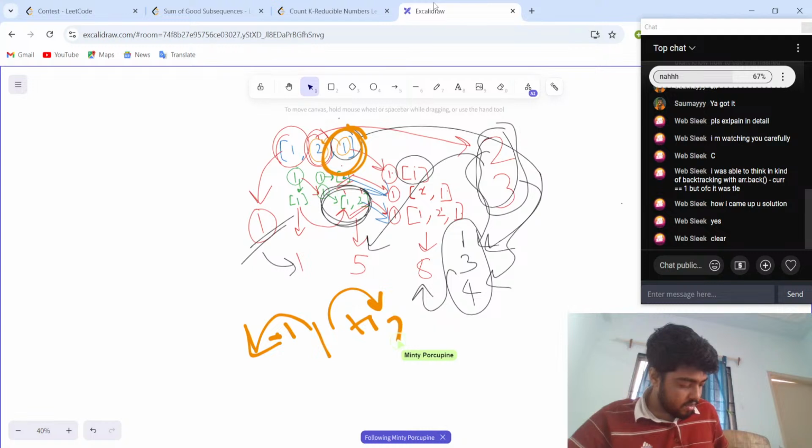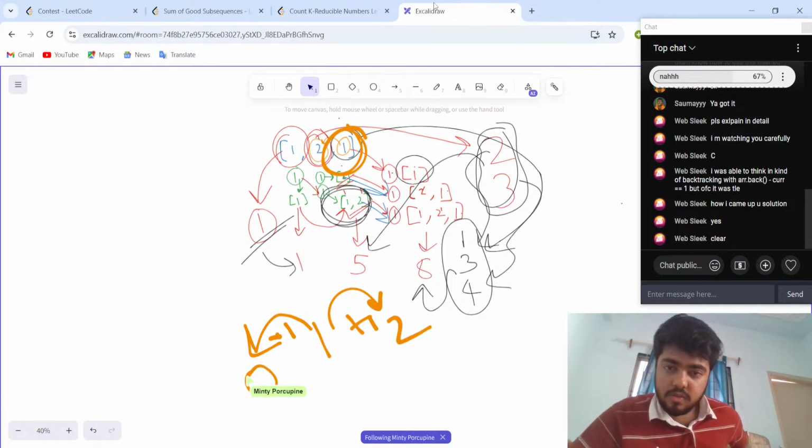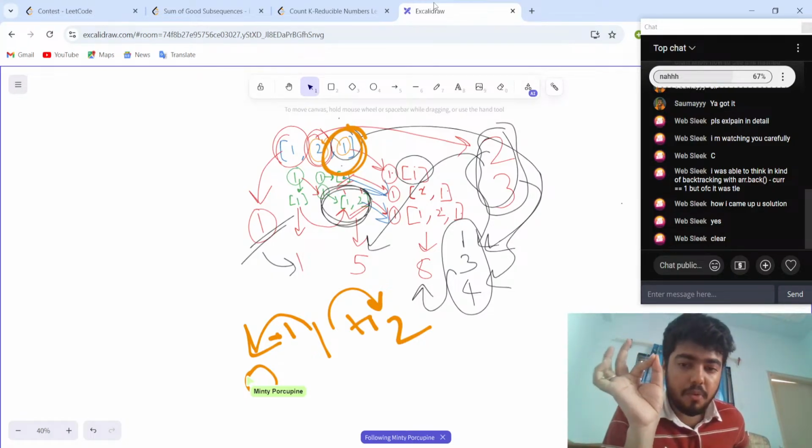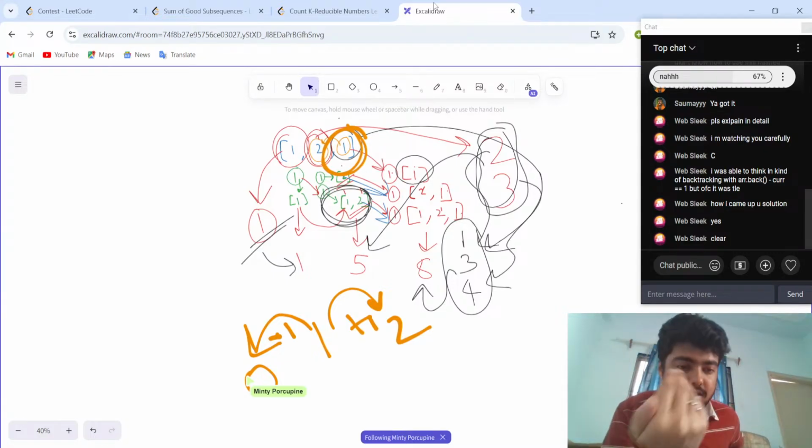So we are taking the 2 plus 1 thing, but we are not taking 0 because there were no zeros. So we have to consider both of them. What it depends upon is the specific element minus 1 and the specific element plus 1, because those are the two positions that satisfy the good subsequences, right?